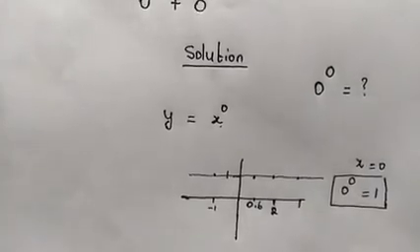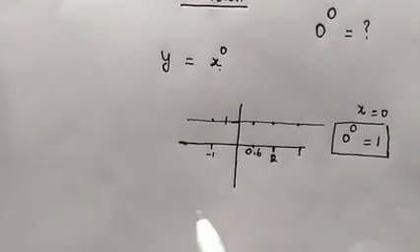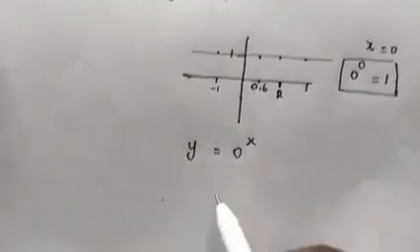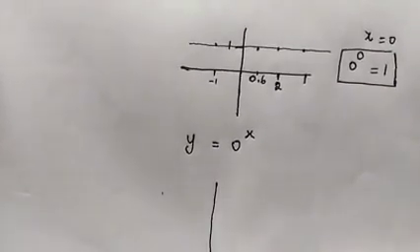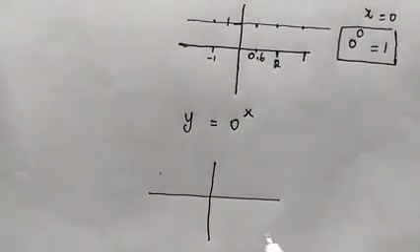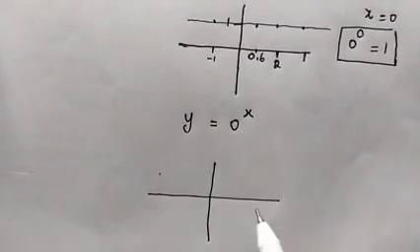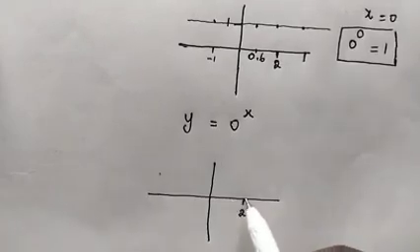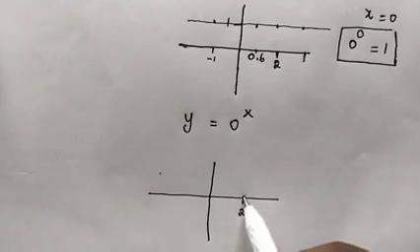Now let's consider another graph, where y is equal to 0 raised to the power of x. Here is the graph. When x is equal to 2, we can see that the corresponding value for y is going to be 0 at this point.